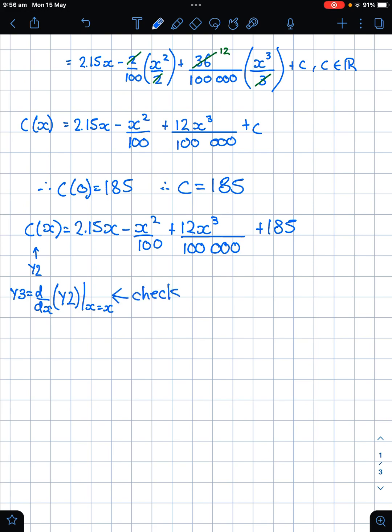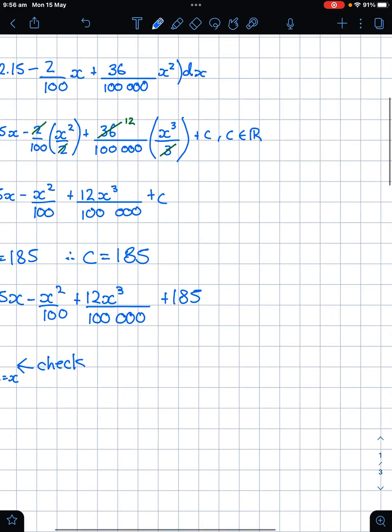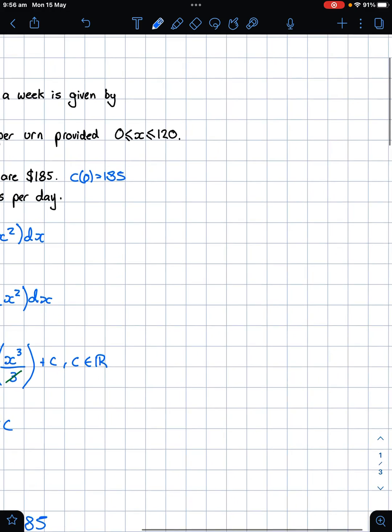So when I draw these, I should get, now my view window is not set up right, so I need to change my view window to match. So my view window x min equals 0, x max equals 120.